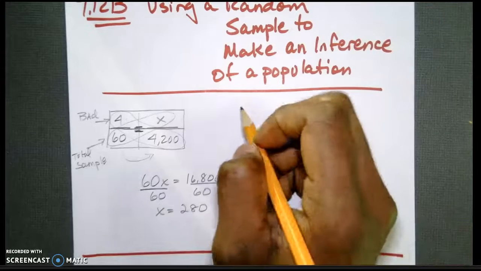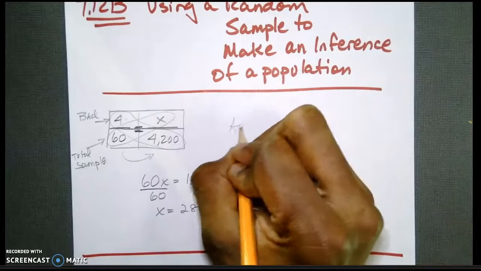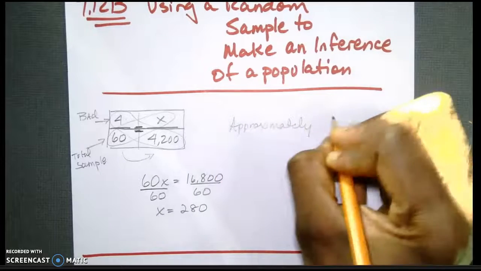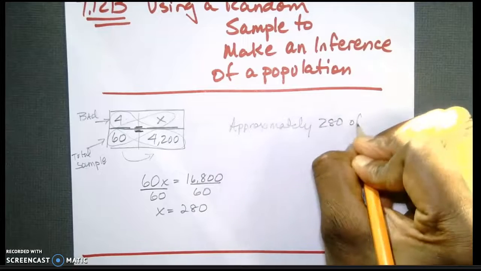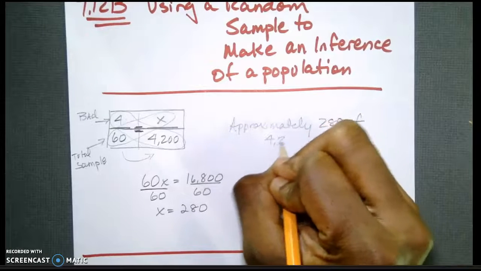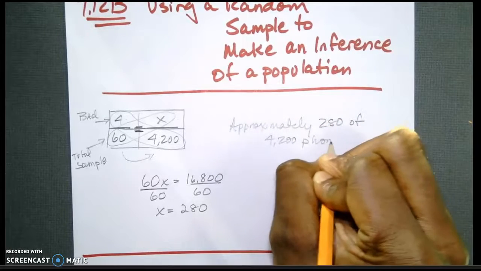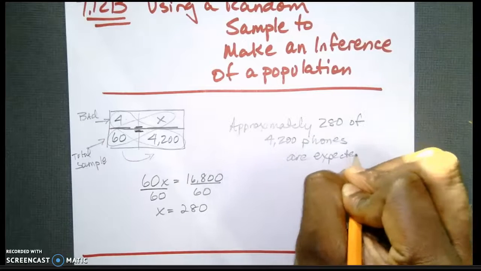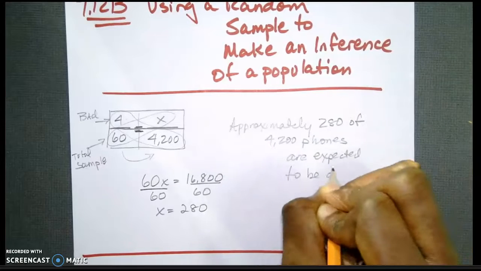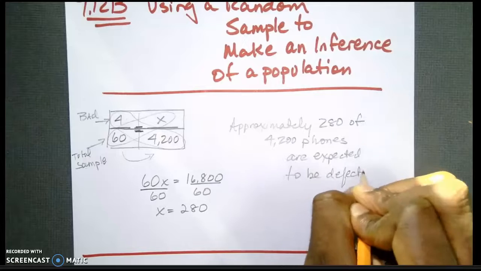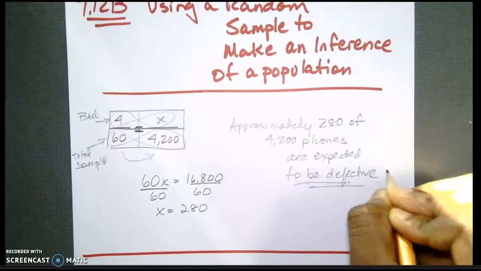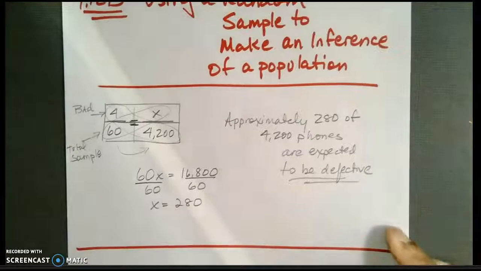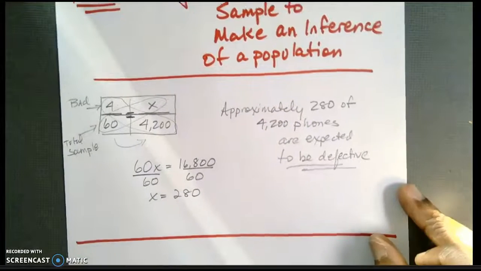So I can expect that out of the 4,200, approximately 280 of those phones would be bad. My solution statement tells me that approximately 280 of 4,200 phones are expected to be defective. If you need to go back and look at that again, certainly you may do so.